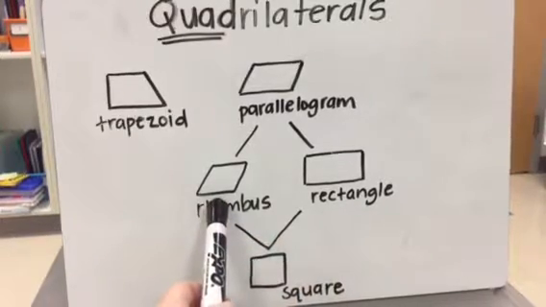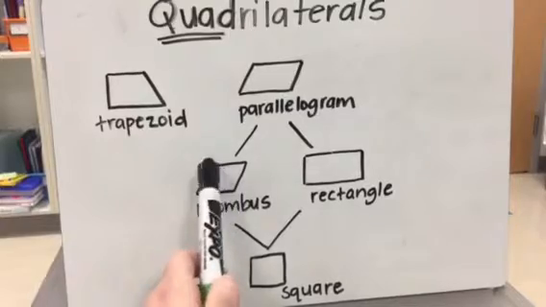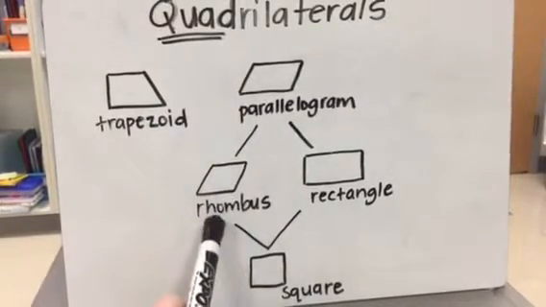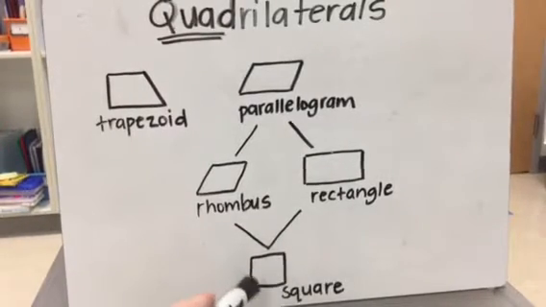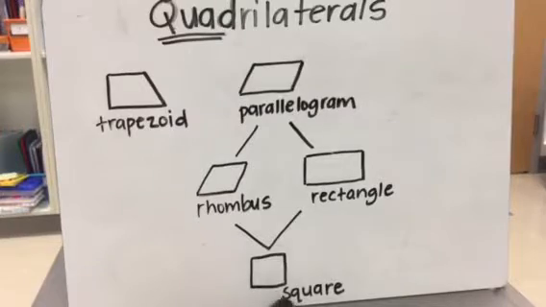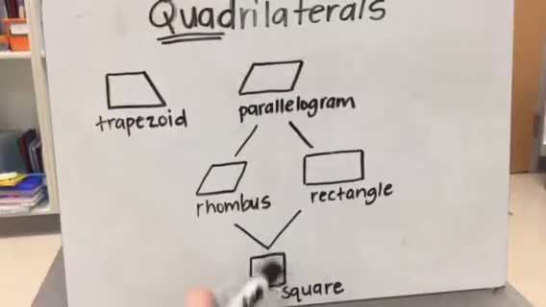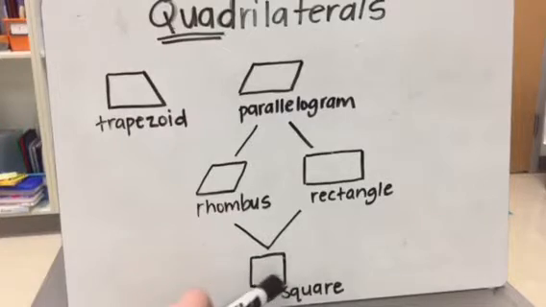This rhombus here has two acute angles and two obtuse angles, but it doesn't have any parallel or perpendicular lines. And then a square always has four 90-degree angles or two sets of parallel lines and perpendicular lines here, here, here, and here.